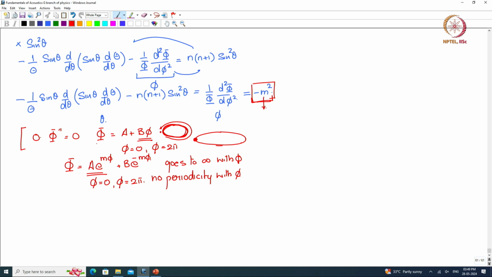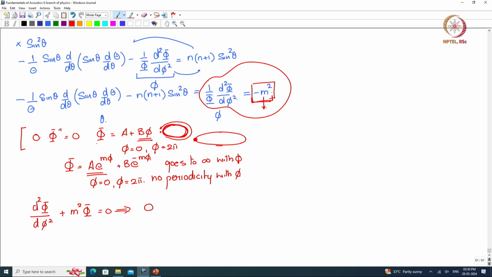Okay. We will see why that is the case. So now if we take just this part now, deal with it. So what we have is d2 phi by d phi square plus m square phi equal to 0, and that implies, it's just like the simple harmonic equation.